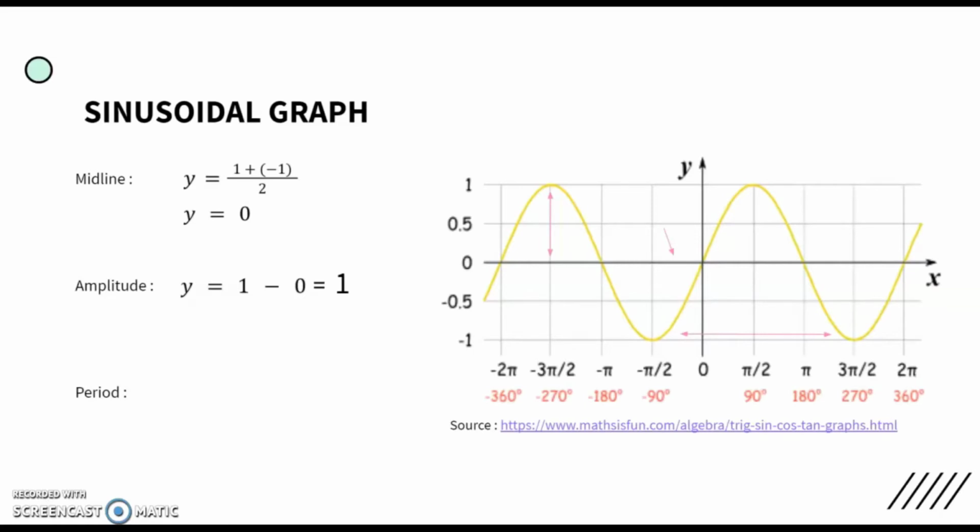So the first minimum I see here is at -π/2, and the second one is at 3π/2. So in order to find the period in this graph, you have to find the difference between them. So 3π/2 minus -π/2 is equal to 2π.